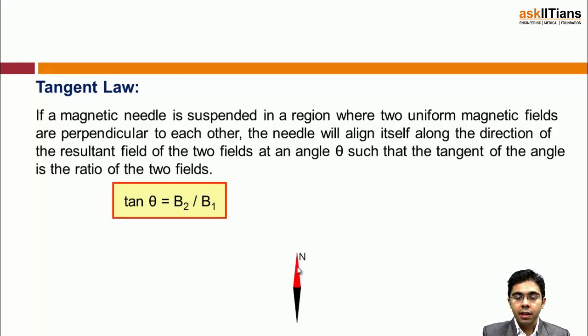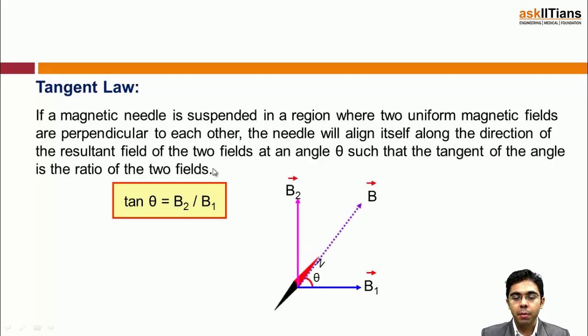If this is the magnetic needle we have, and this is magnetic field 1 and the other magnetic field is perpendicular, the needle will align at an angle theta to one of the fields, in the direction of the resultant magnetic field. Therefore tan theta comes out to be B2 divided by B1. This is the relation you have to remember, and this is called the tangent law: tan theta is equal to B2 by B1.